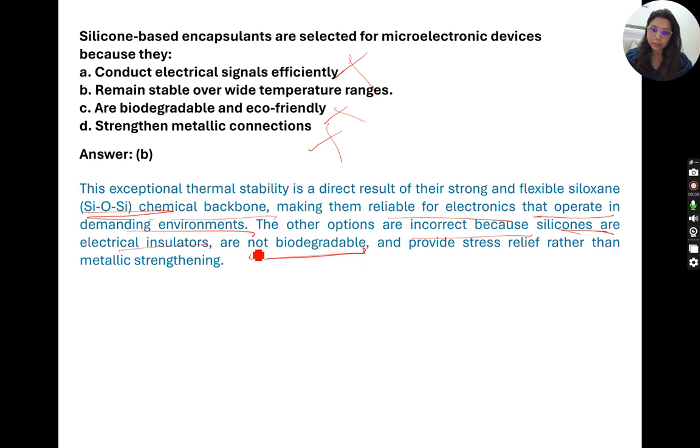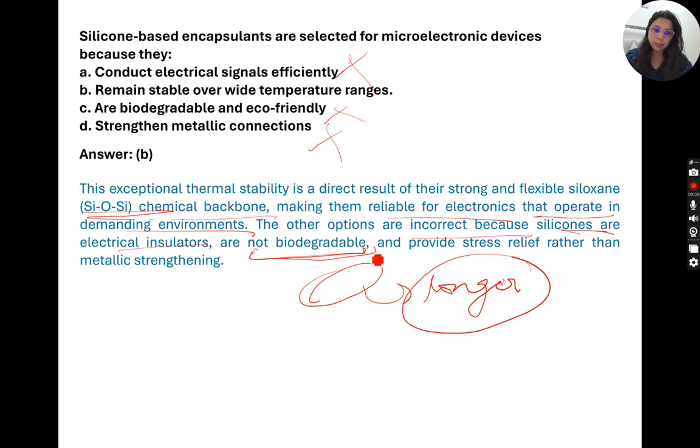yes, they are non-biodegradable, but the concern is that we can use such polymers for a longer period of time. If we can use these for a longer period, biodegradability is not that much of an issue. Single-use plastics are also not biodegradable, but we use them just one time, and hence they can cause a lot more pollution than these thermosets.